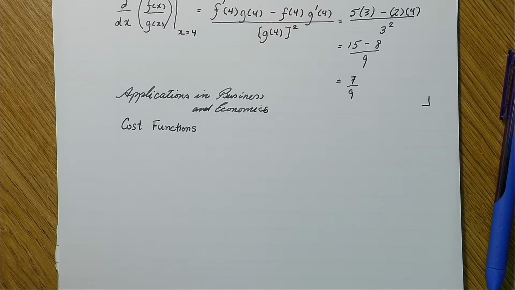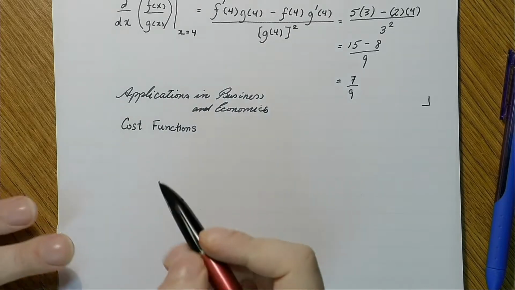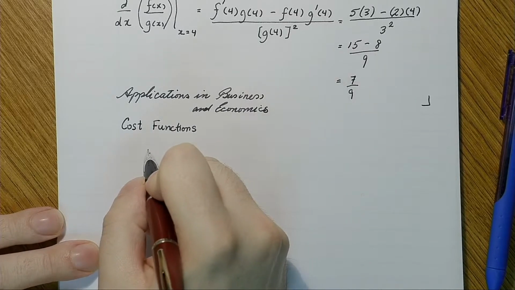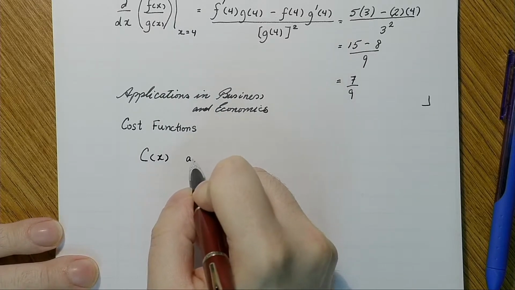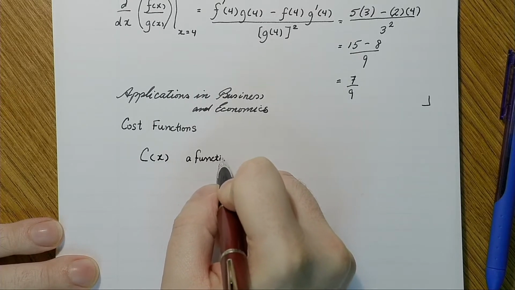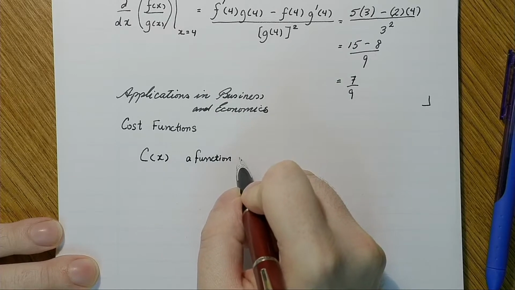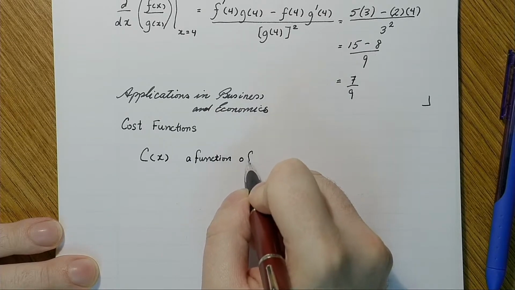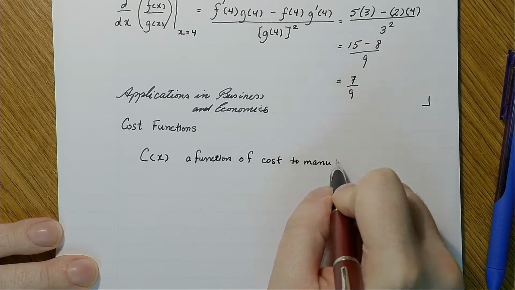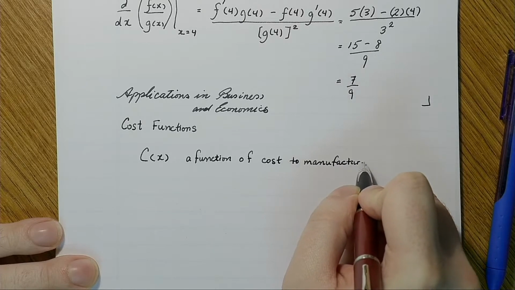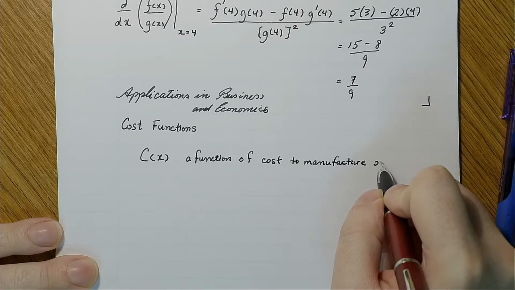So, okay, in this one, I'll take my time a little bit. We're going to talk about costs and cost functions. So if it costs a company, and we're going to say a function C(x), so it's a function of cost to manufacture x units.